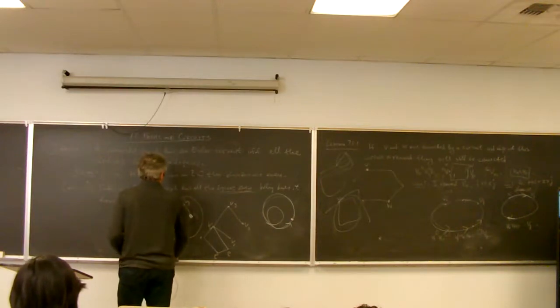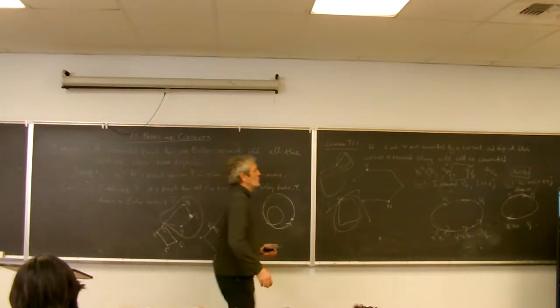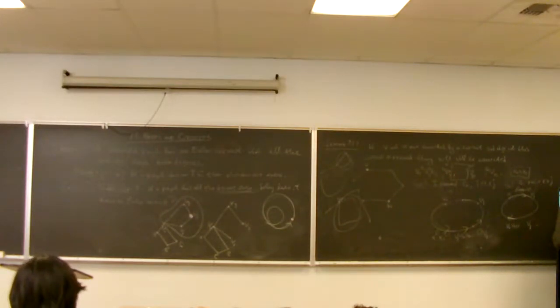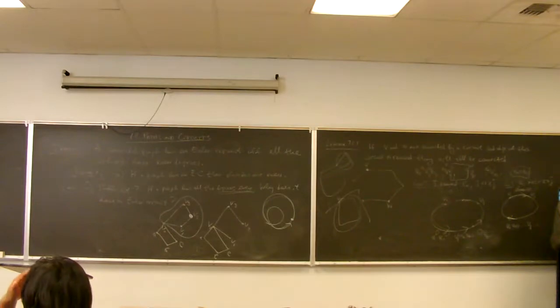So for example, where would we have one path? Although I think the examples that we have in the homework are fairly simple. Oh, these are Hamiltonian.